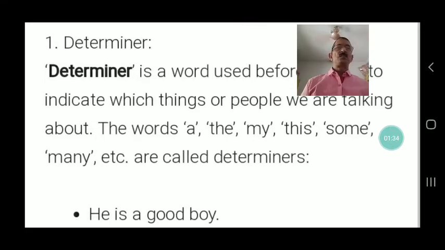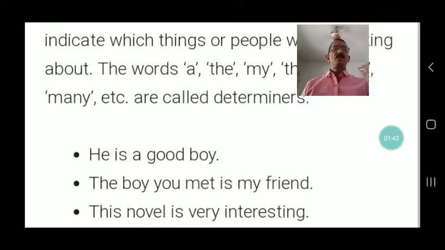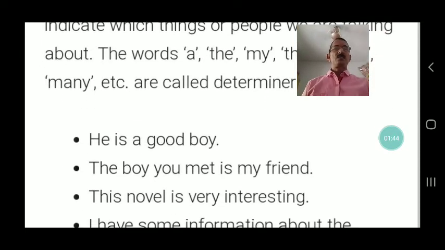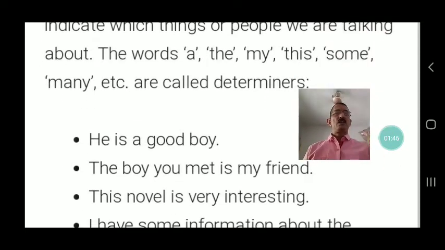The words a, the, my, this, some, many, etc. are called determiners. Here are some examples. He is a good boy. As you understand, a is a determiner because boy is a noun.